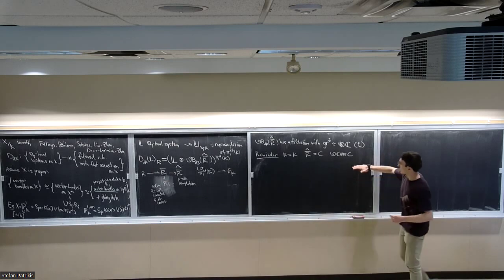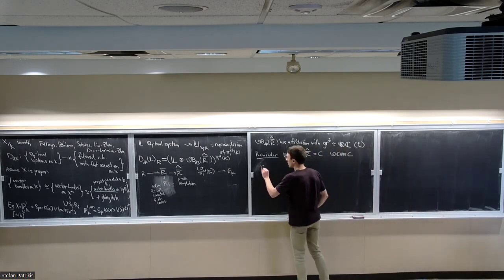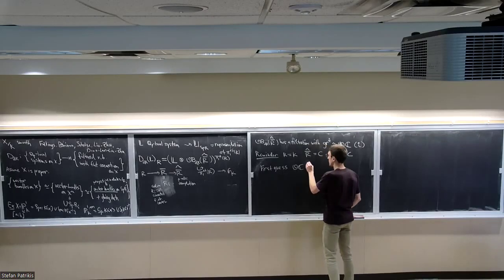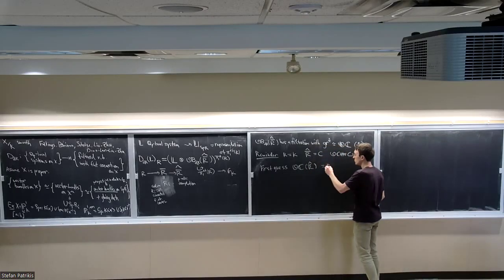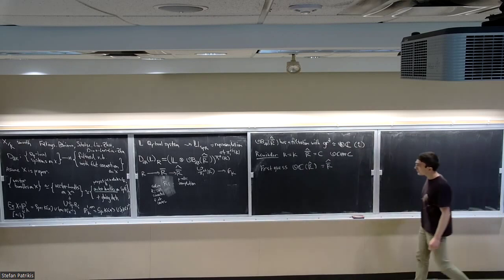And it's not obvious, but it can be checked that if I simply, so kind of a first guess, is that OC in the geometric case should be just this completed algebraic closure.